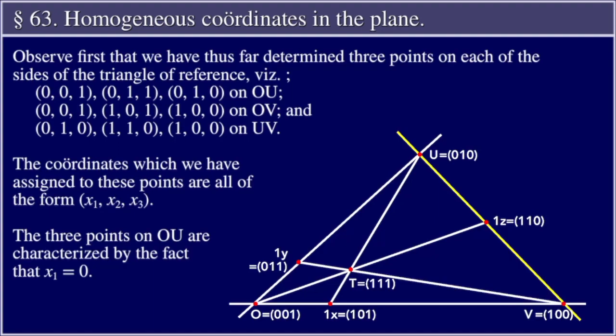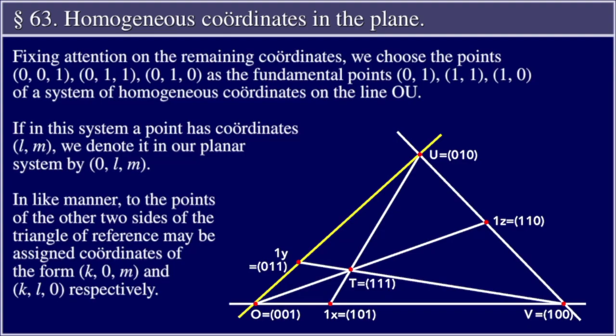The coordinates which we have assigned to these points are all of the form x1, x2, x3. The 3 points on OU are characterized by the fact that x1 is equal to 0. Fixing attention to the remaining coordinates, we choose the points 0, 0, 1; 0, 1, 1; 0, 1, 0 as the fundamental points 0, 1, 1, 1, 1, 0 of a system of homogeneous coordinates on the line OU.